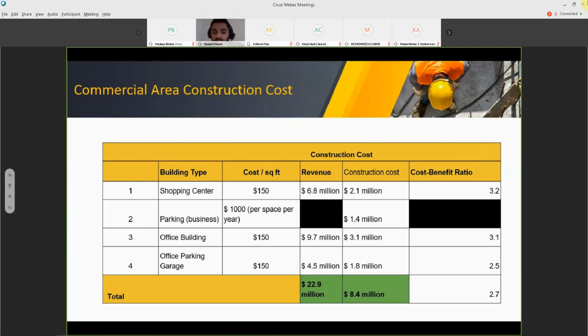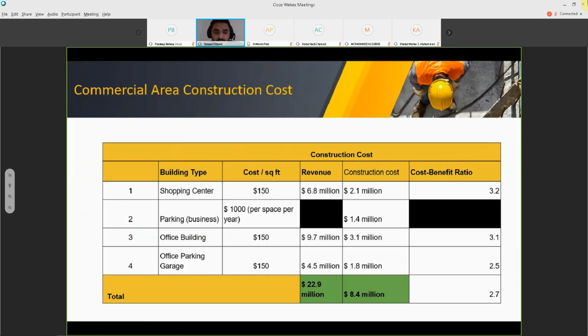And the work that needs to be done. So the cost was calculated based on the land cost per square foot, following the Department of Permitting. So as you can see, our construction cost for each building type.